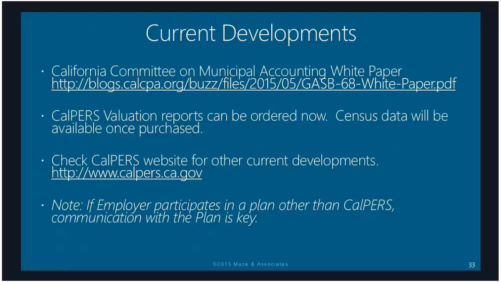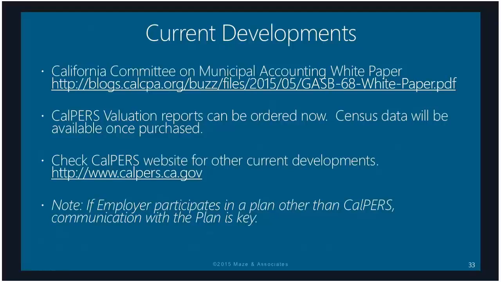Besides the accounting valuation report, you will also get from CalPERS census data for non-pooled plans and all the information as recommended in the AICPA white paper. In our class next week, we will discuss why these two items are essential to the audits. According to CalPERS, they are trying their hardest to have this information provided to you by the end of June.